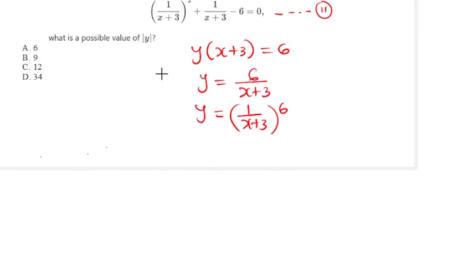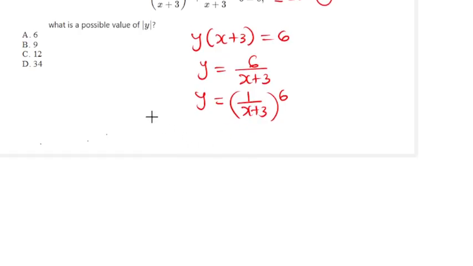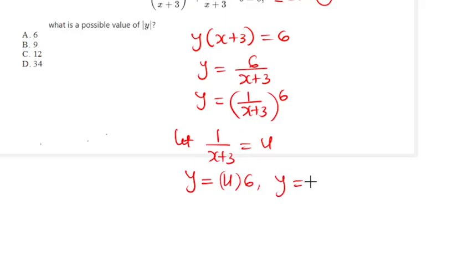Let's say 1 over (x + 3) is equal to u. So in this case, y will become 6u, because we are putting this here as u.